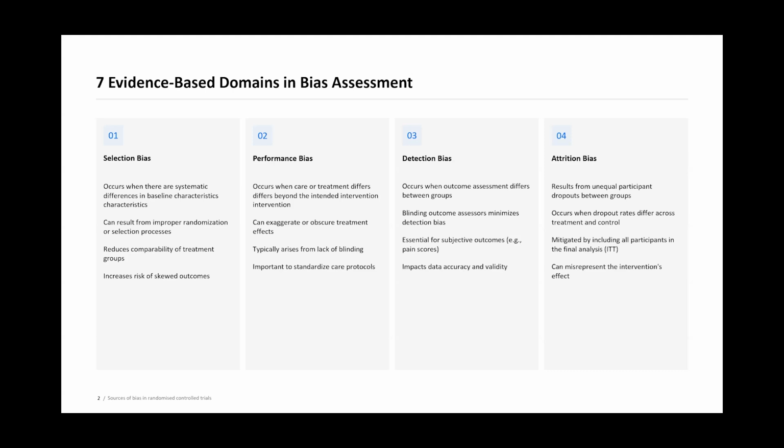Additionally, implement retention strategies, such as frequent reminders, or maybe offer something for them so they can stay, or at least if I cannot keep them, I keep the reason for the dropout. So these strategies can be used to reduce this type of bias.